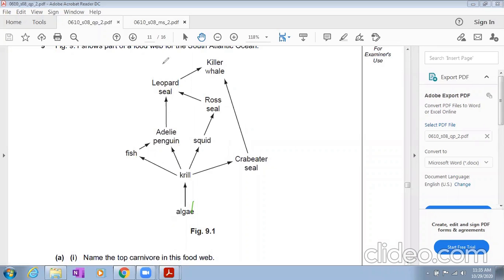This one is okay. This food chain is okay for me. Algae, then this one, this one, this one: total 1, 2, 3, 4, and 5. In this food chain you will mention the names of these organisms.